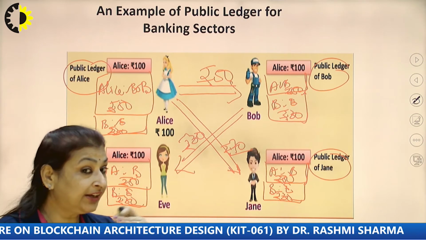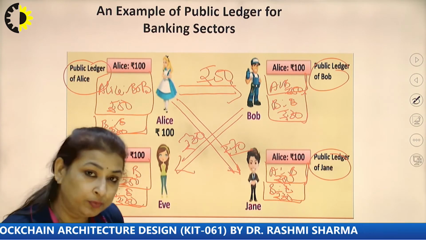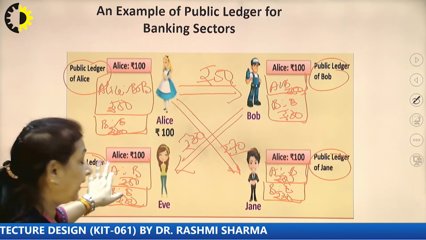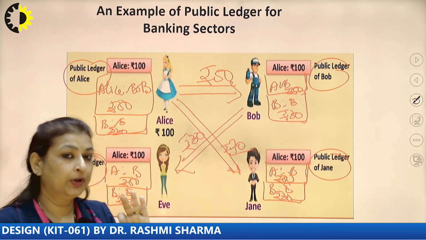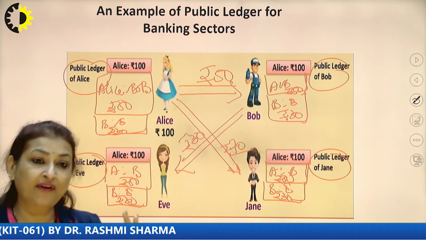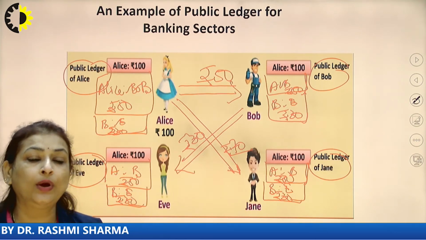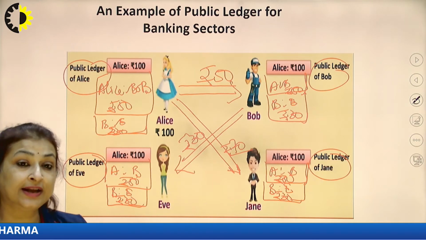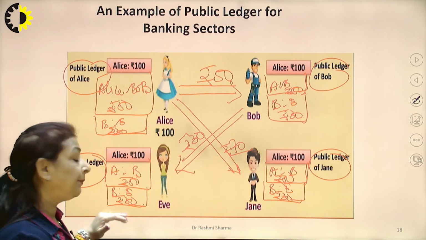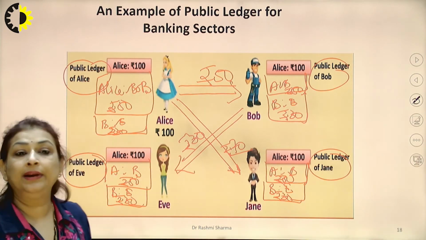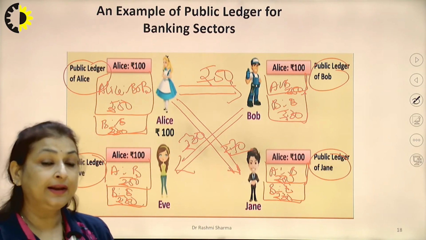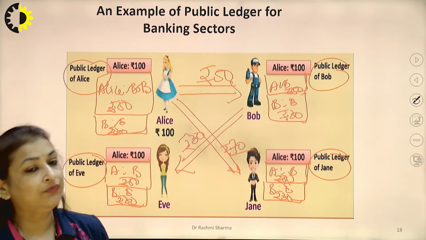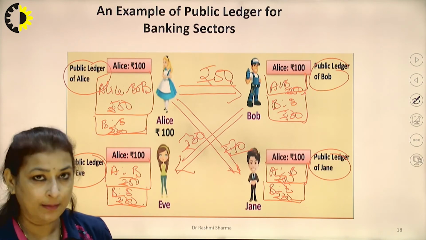But as she says that, everyone knows that Alice has rupees 50. So they would notify that this is an invalid transaction and it cannot take place. This invalid transaction won't be added to our public ledger. Our public ledger would have only those transactions which are successfully completed.